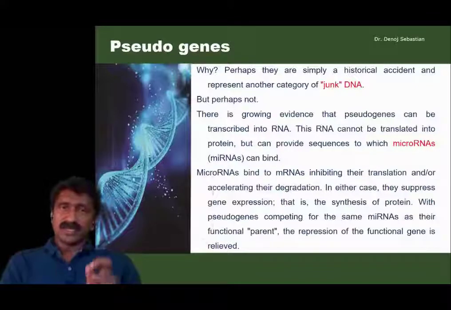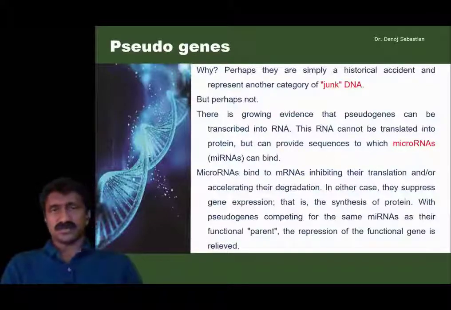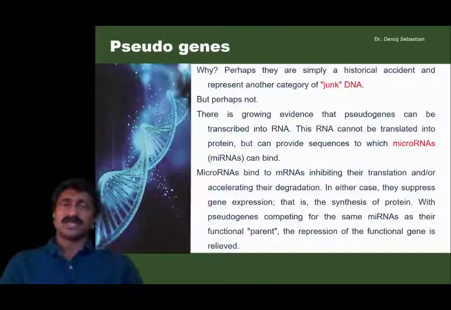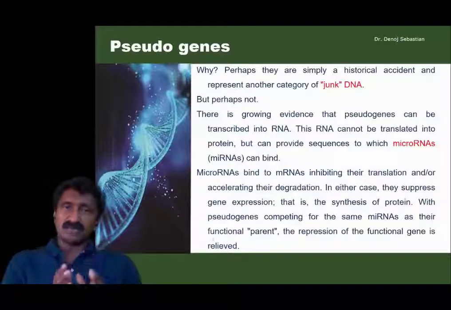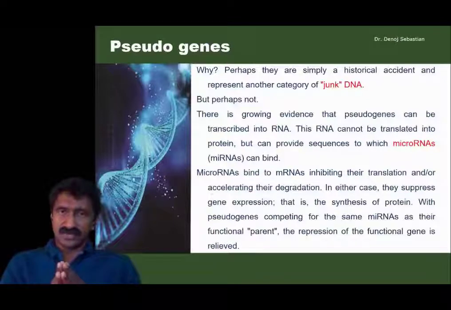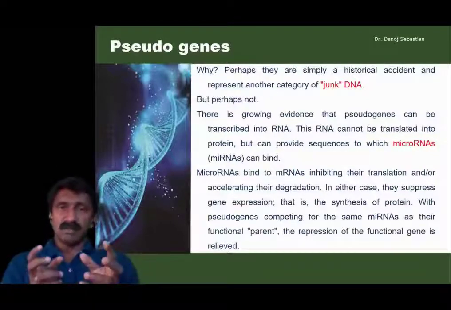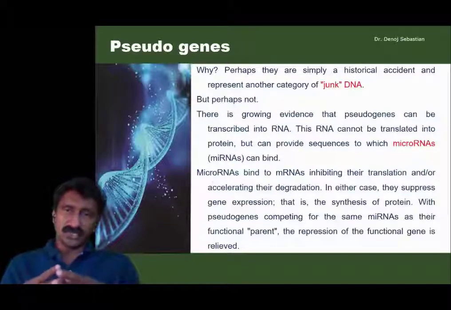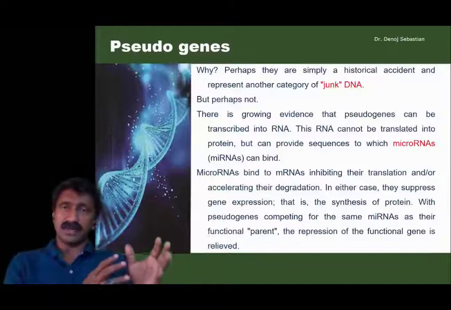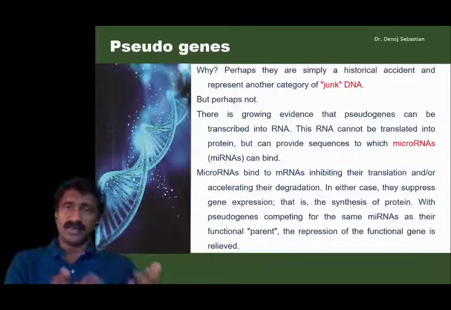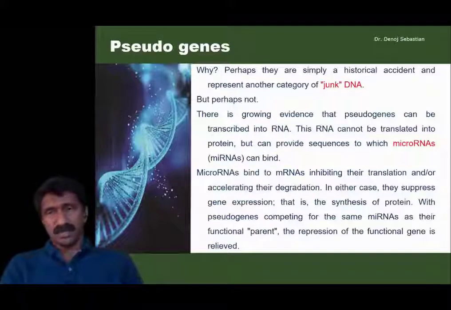In either case, they suppress gene expression, that is the synthesis of the protein. But pseudogenes are competing for the same miRNAs as their functional parent. So the repression of the functional gene is relieved because the miRNAs and pseudogenes will be competing with each other, and subsequently the parent RNA will be relieved from the repression by the miRNA.